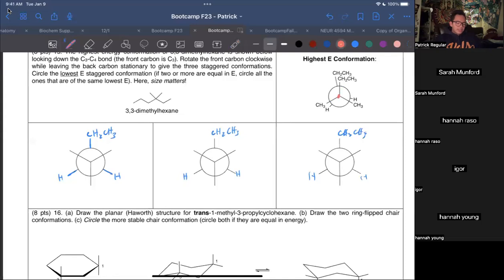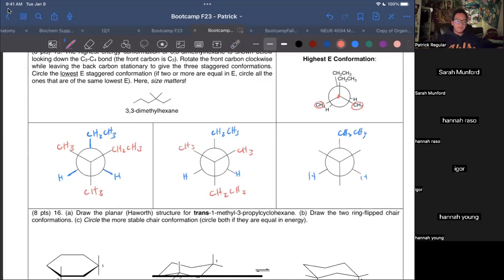So for this front one, let's do it as CH2, CH3, and then we have the two methyl groups here. Now let's take that first conformation and rotate everything written in pink, the front carbon. CH2, CH3, CH3, CH3.